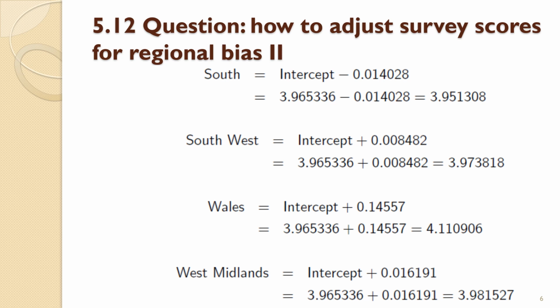For Wales, the average score for this region would be the intercept plus the adjustment factor here of 0.014557. And for the West Midlands here, the average score from this region would be the intercept plus the adjustment factor of 0.016191. Okay, again, one thing to watch for here is that these results are all of this similar order of magnitude, so there's no obvious mistake that we've made here.